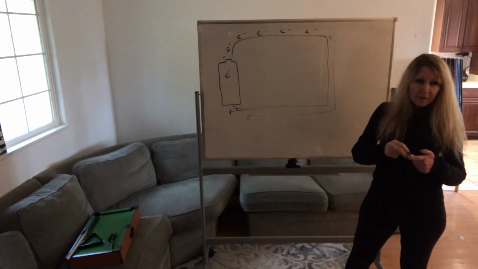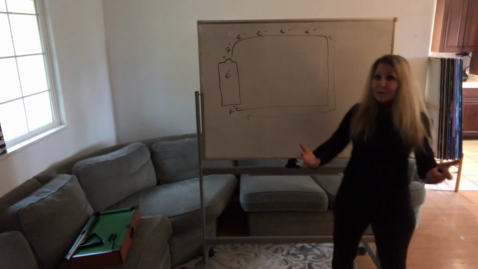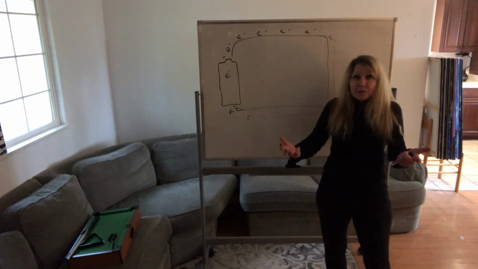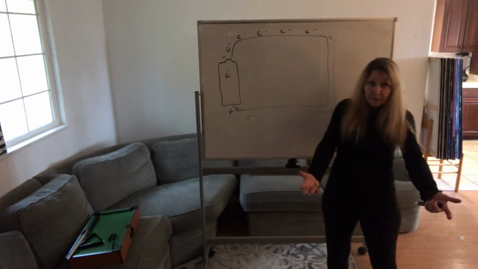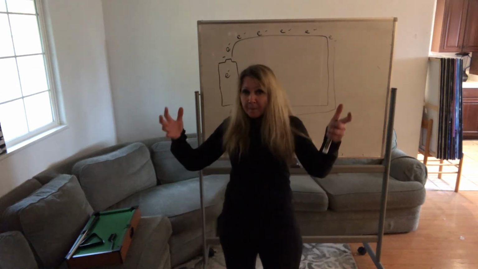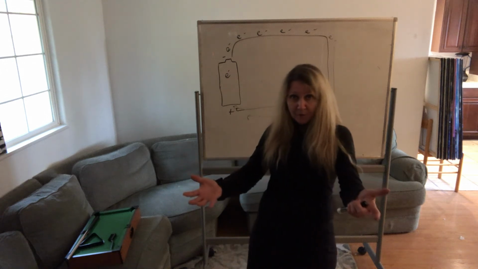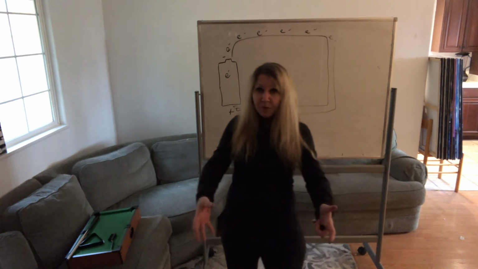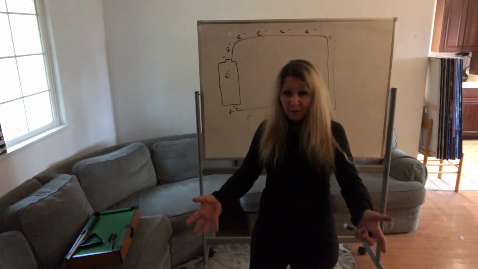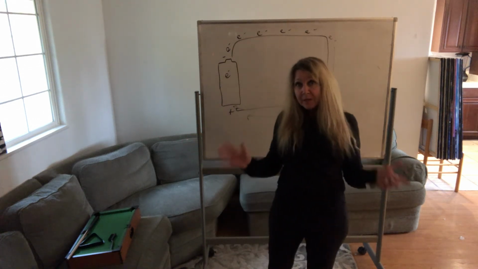And this is kinetic energy because it's energy of motion. The electrons are moving. So when electrons are moving, it's called electricity. And they can move through a circuit. So a circuit is like the pathway upon which the electrons will travel. So those are really the 5 main types of kinetic energy.